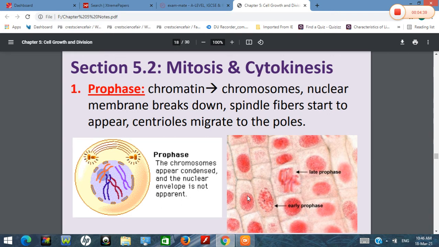Firstly, the chromatin network condenses. Again, first step of prophase, the chromatin network condenses, so the chromosomes appear, but not clearly 100%.